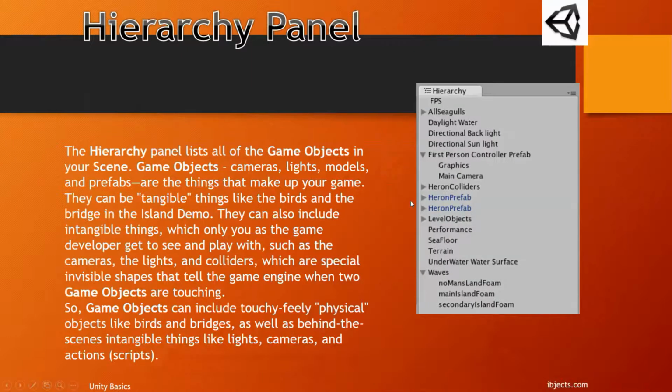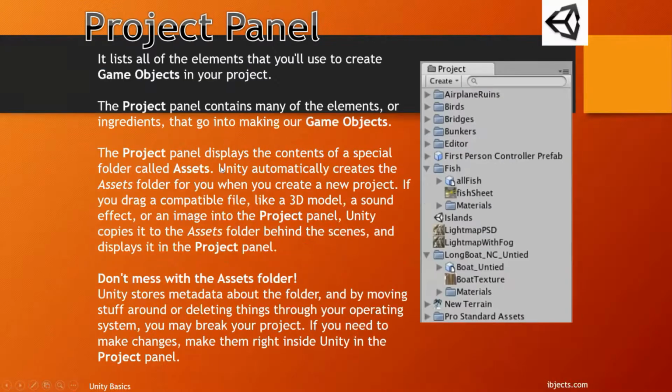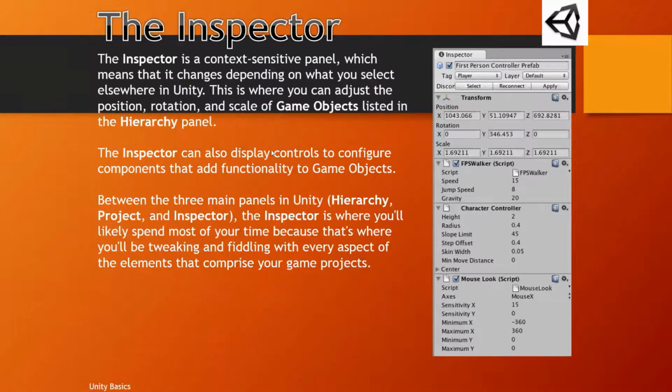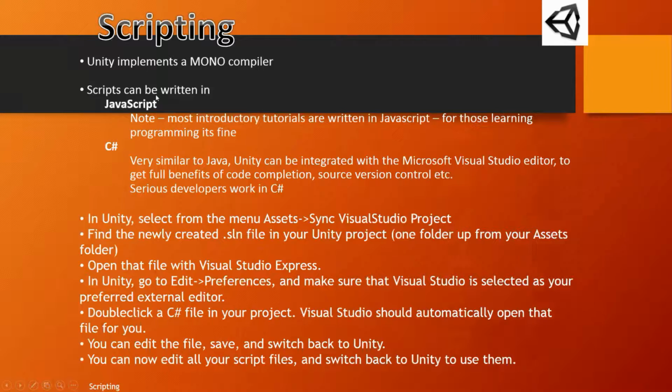Then in the hierarchy panel we can see these things in a hierarchical view like this. Then in the project panel, we can see all the game objects and what files are associated with that. Then in the inspector view, we can click on a particular object and get the properties of that. Then as I mentioned earlier, for scripting we can use JavaScript and C#.